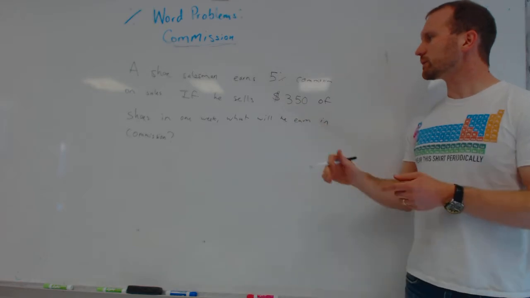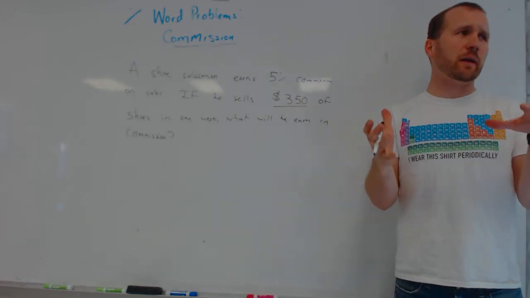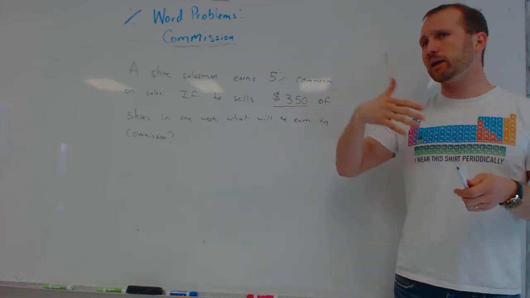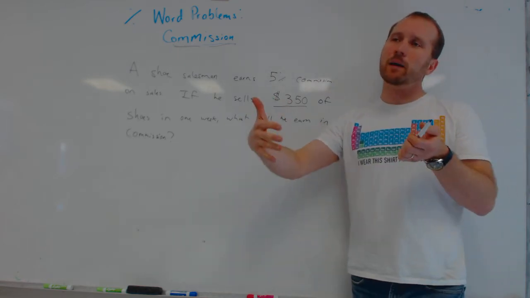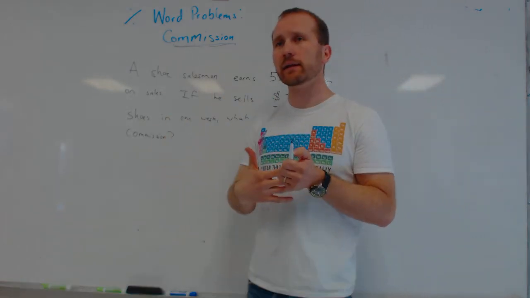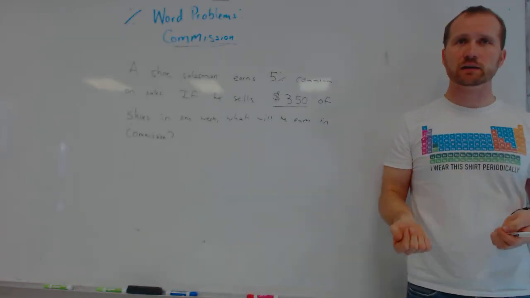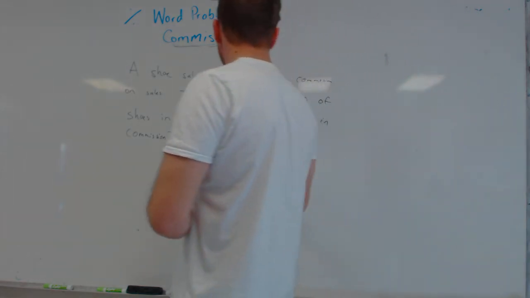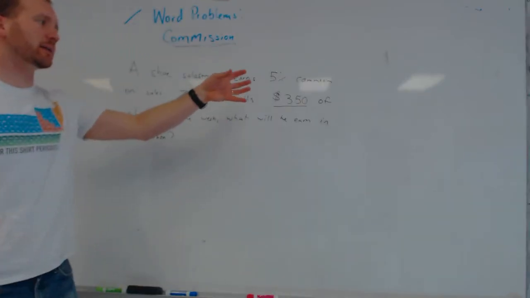Now, the difference between this and tips is the $350 is all the customer pays, right? So if you go into a shoe store, you're not paying extra for commission. You're paying whatever you pay, but the company takes some of what they get and gives it to the salespeople as an incentive for them to sell more things. So the company gets $350 and they're going to reallocate that.